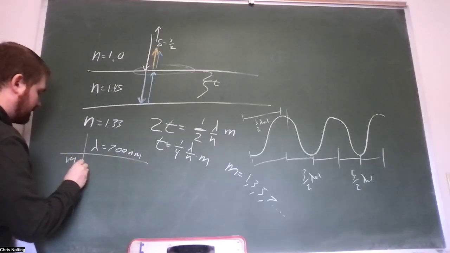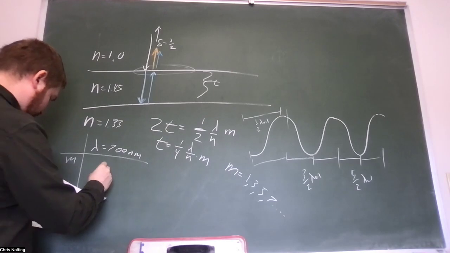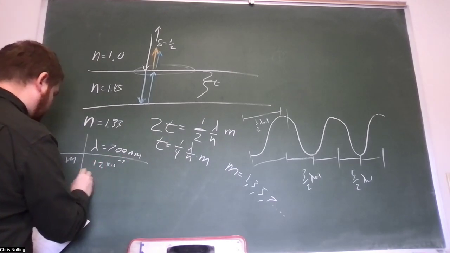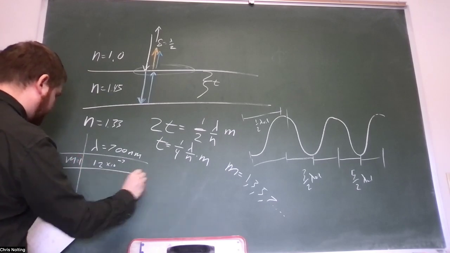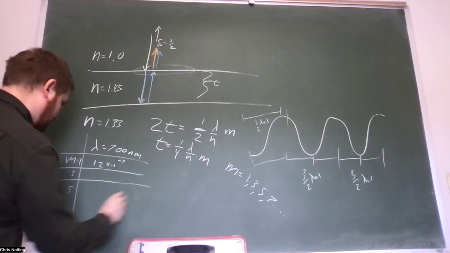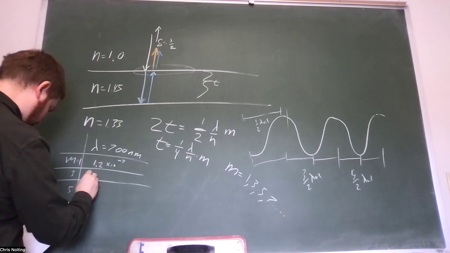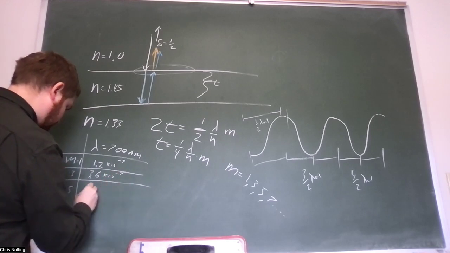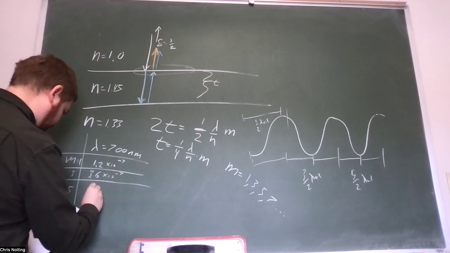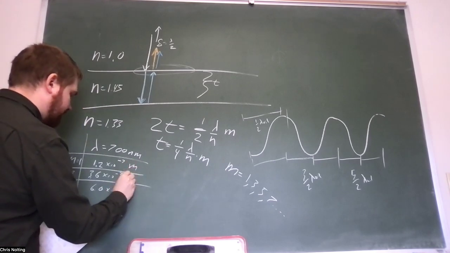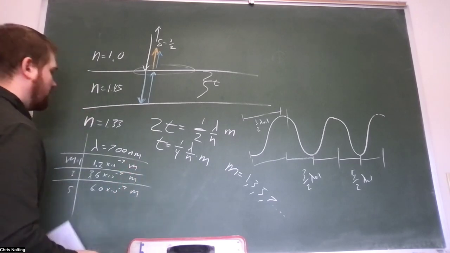And we could list off values of M and see we would get 1.2 times 10 to the minus 7 for M equals 1. Then we get 3, 5. We get here 3.6 times 10 to the minus 7 and 6.0 times 10 to the minus 7. All of these are in meters.